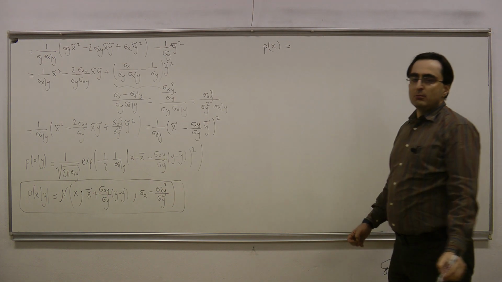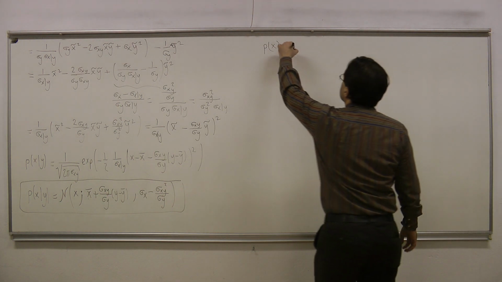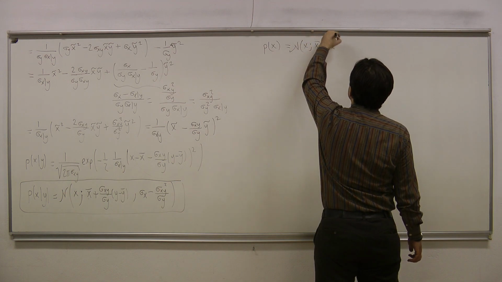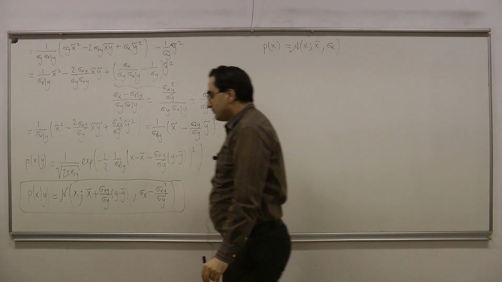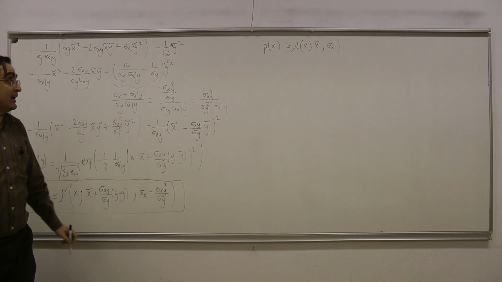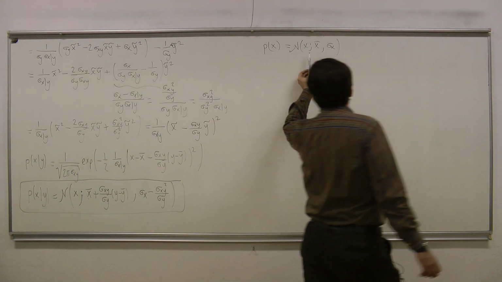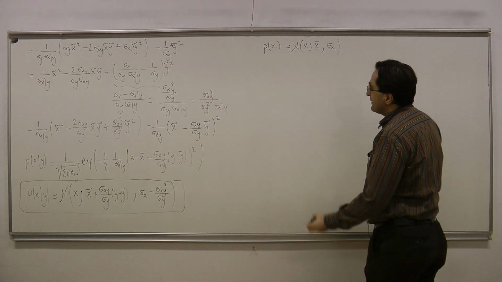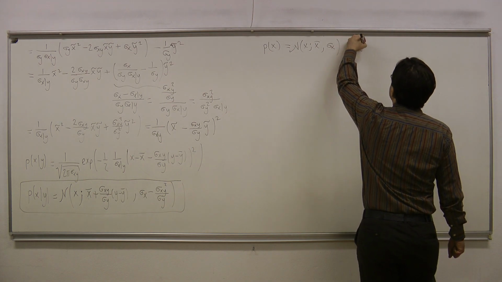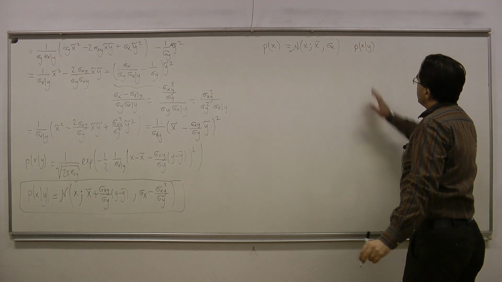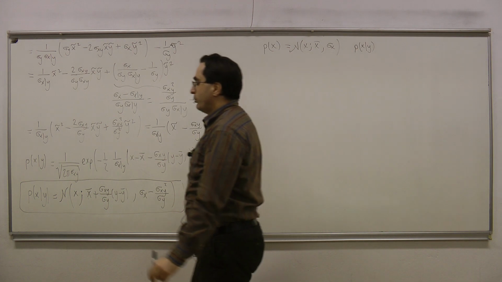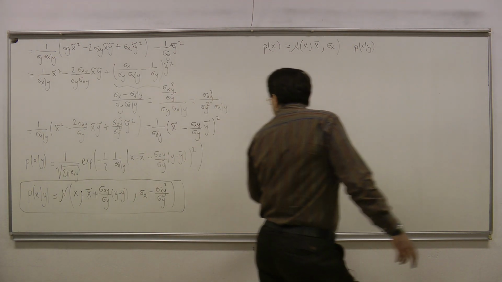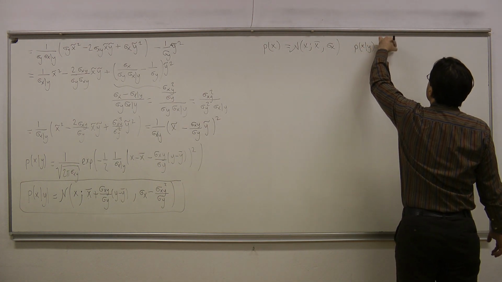It is the marginal distribution of x, and it was given like this, normal with x bar and sigma x. Now you see here that this distribution can be called a prior distribution for x, and I have p(x given y). Now this can be called the posterior distribution of x given y.